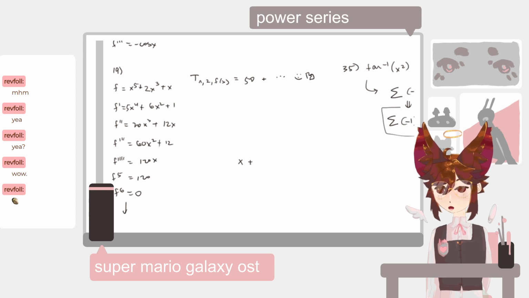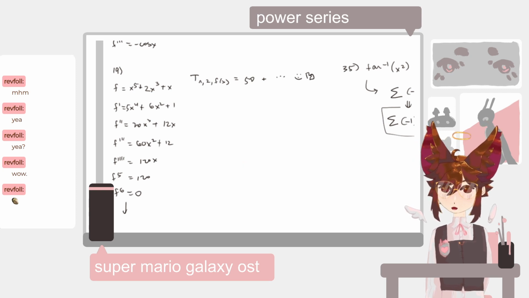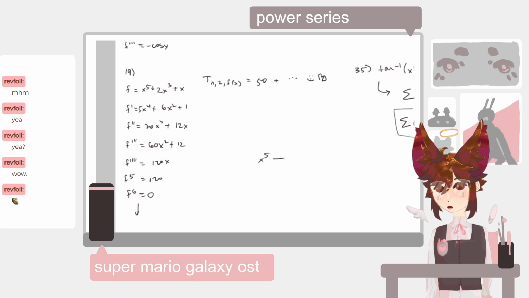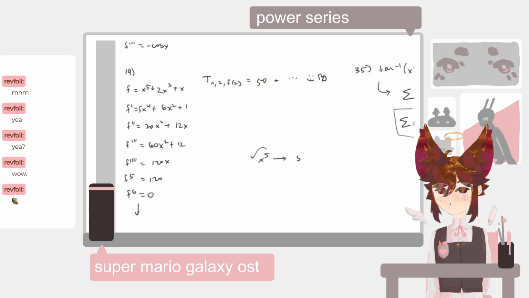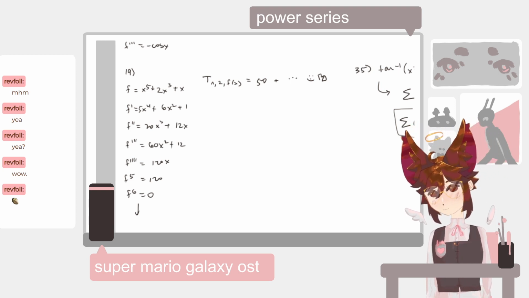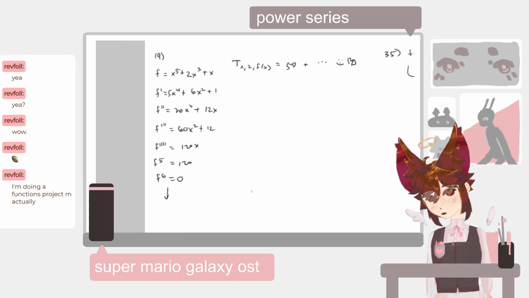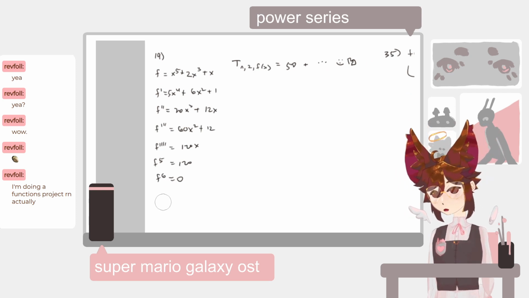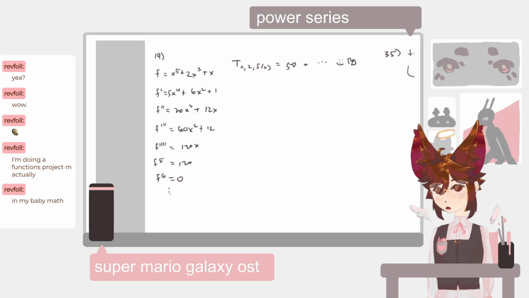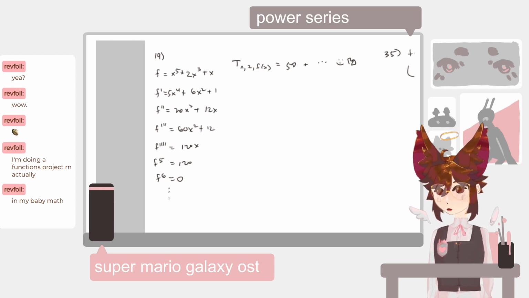That would make it a lot easier to do stuff because we like x's. All we have to do to differentiate this is bring down the top number and subtract 1, and that's really easy. And he said, what if I invented this thing called a power series, which was basically just a way of writing functions that didn't suck, but that sucks to find.